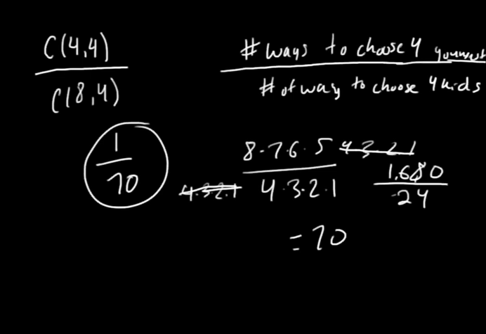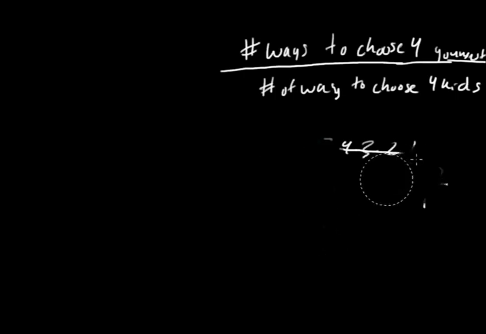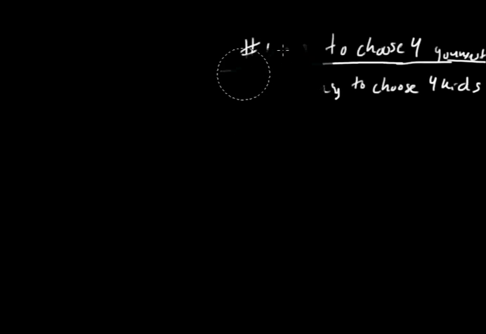I'm going to go ahead and show you the permutation way. Some people are better with combinations, some people are better with permutations. I shouldn't have erased that actually because that would stay the same.